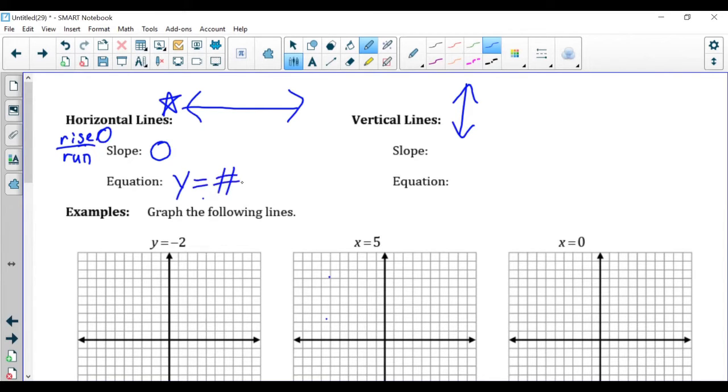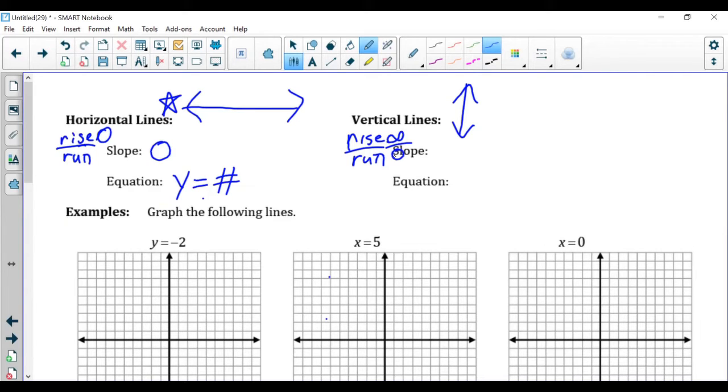All right. Vertical lines. Well, what's the rise over run here? Well, it's all rise, right? It rises infinitely, but what's the run? Does it go left or right anywhere? No. So rises infinitely, my run is 0. What happens in math when we try to divide by 0?